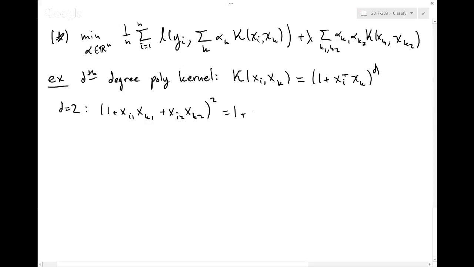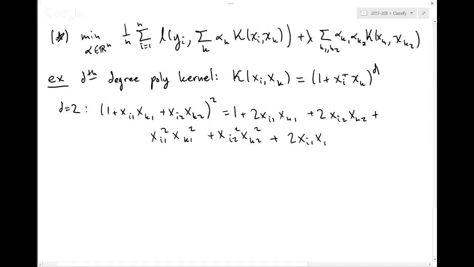This is equal to 1 plus 2 xi1 xk1 plus 2 xi2 xk2, and then we get higher order terms: xi1 squared xk1 squared plus xi2 squared xk2 squared, plus then we get our cross terms, 2 xi1 xi2 xk1 xk2.